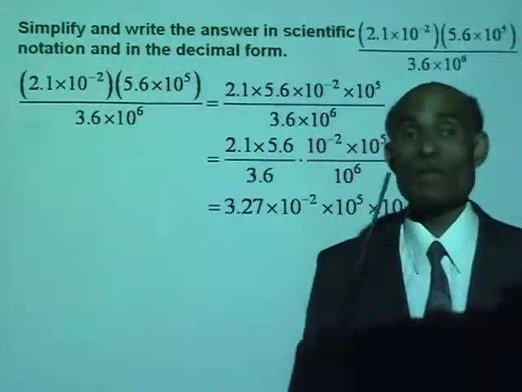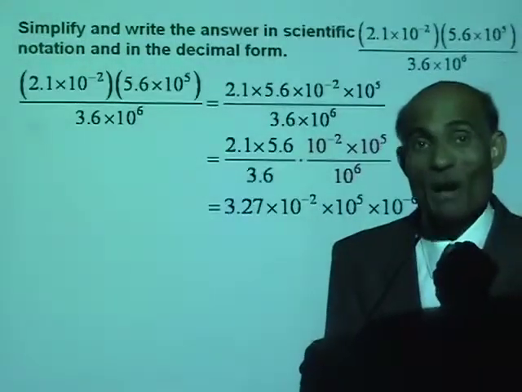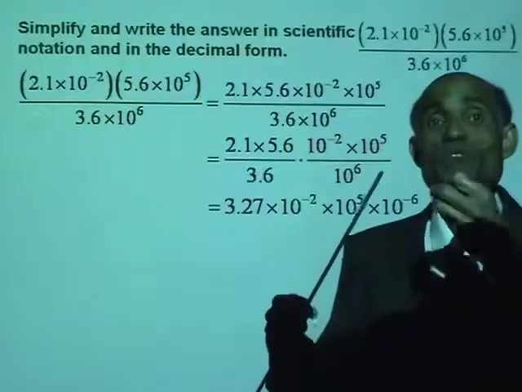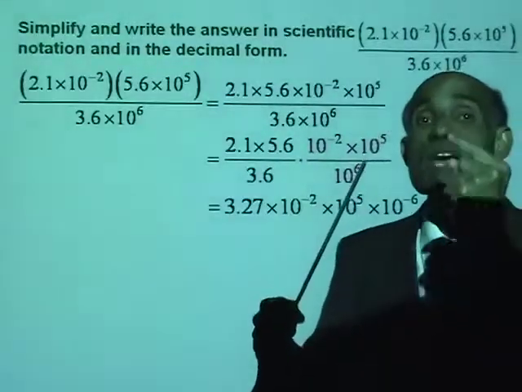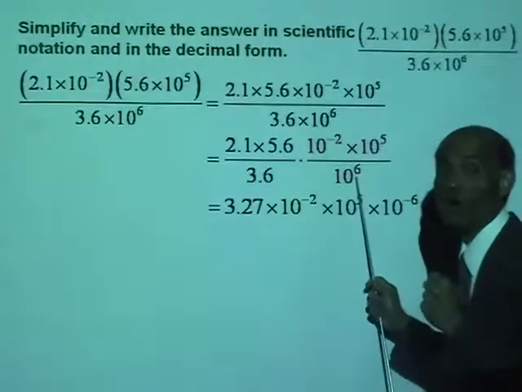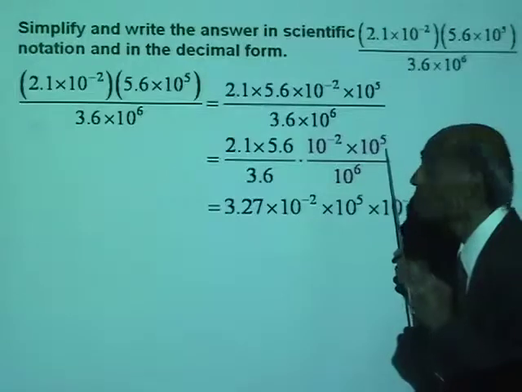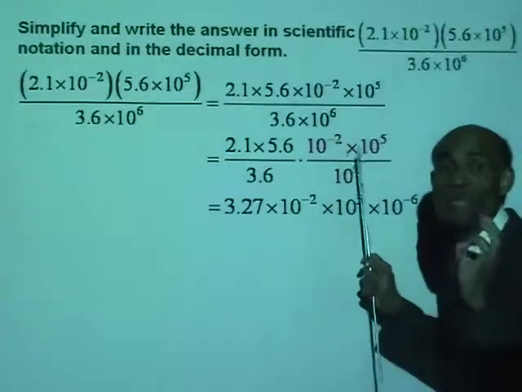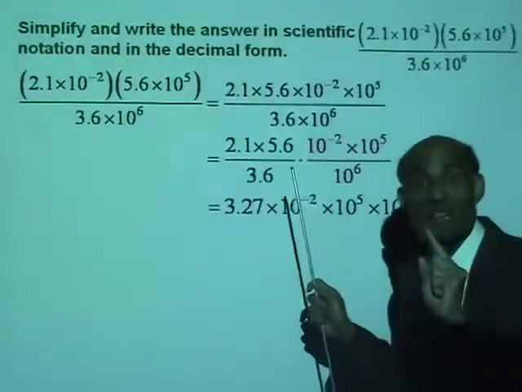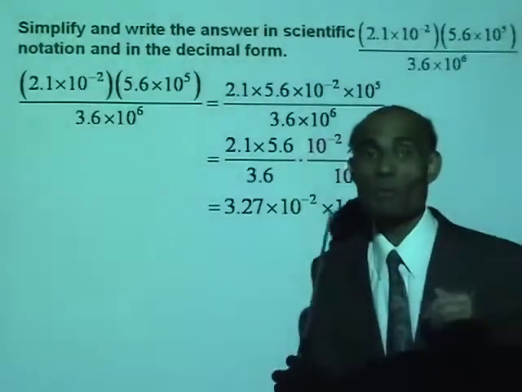Now, you know that if an exponent is on the denominator, when you bring it to the numerator, it will change its sign. So this 10 to the power of 6 on the denominator can be moved to the numerator. It will become 10 to the power of negative 6. You understand that? We have been practicing that before.